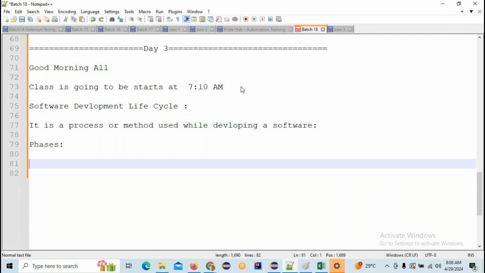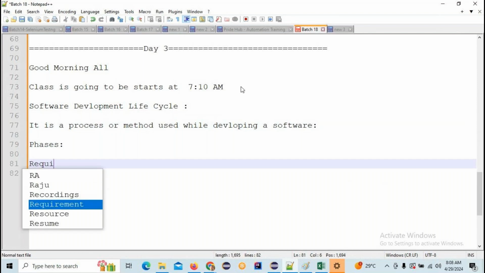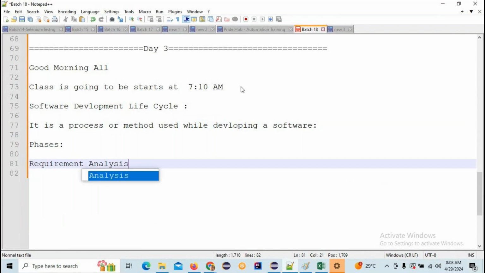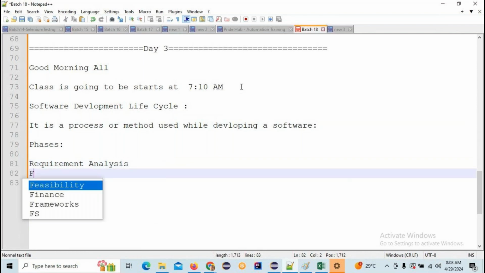Requirements, feasibility, design, coding, testing, deployment, and maintenance. Yes, exactly. Good. So the first one is requirement analysis. Next one is feasibility study.